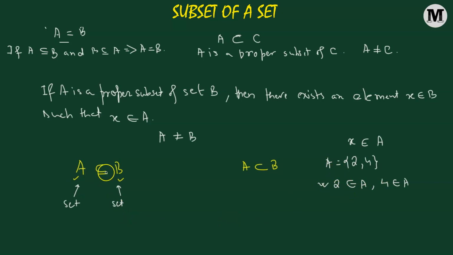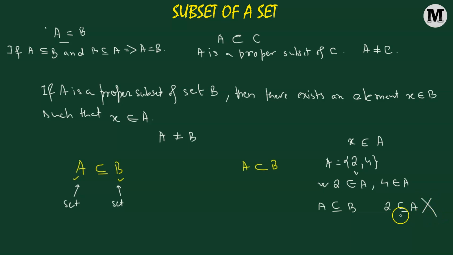Similarly, in the case of subsets, we always write a set to the left of the subset symbol and to the right of it we will use another set. So if we write that the number 2 is a subset of the set A, this is an incorrect representation.